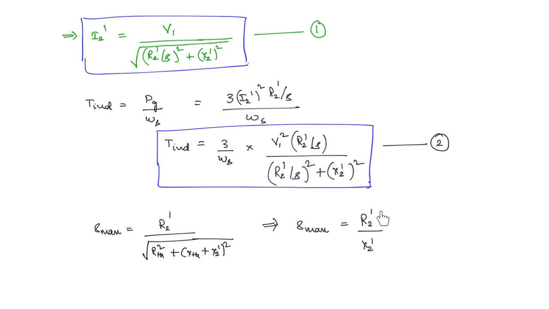Now these are the parameters referred to the stator side. If you express in terms of the actual parameters, then also you will get R2 by X2, because the transformation ratio that you use to refer to the stator side will cancel, as one is in the numerator and the other is in the denominator. So the maximum value of torque will occur at a slip equal to the ratio of the rotor resistance divided by the rotor reactance at standstill.